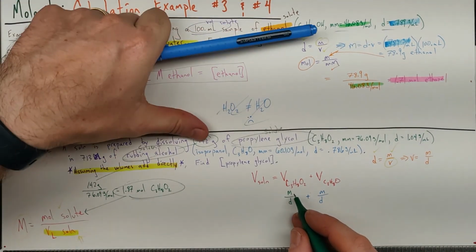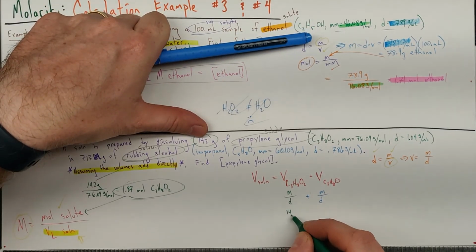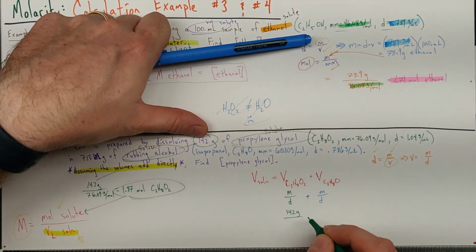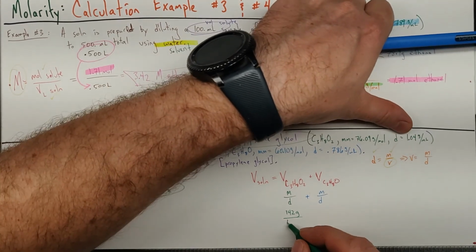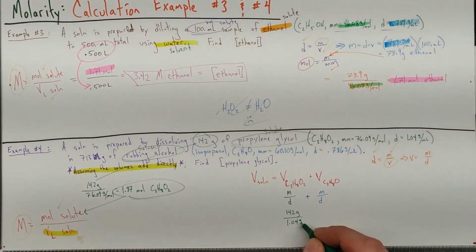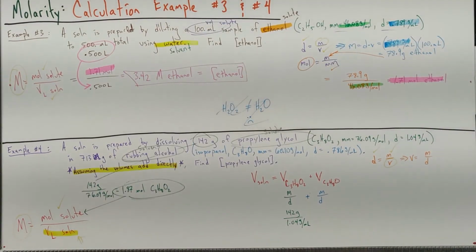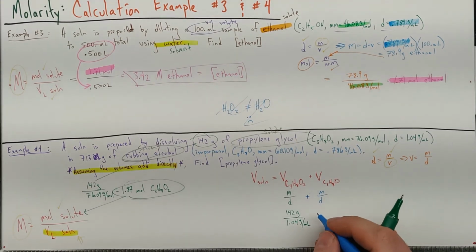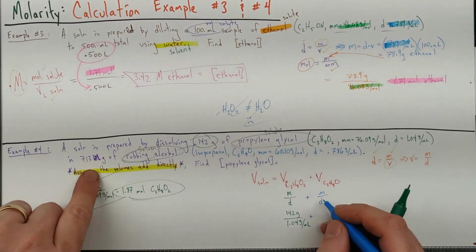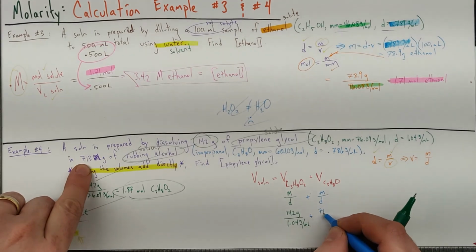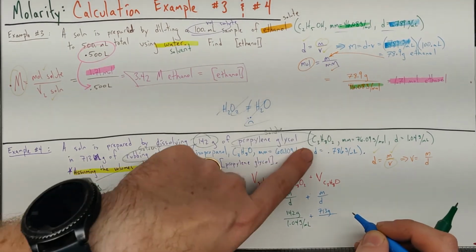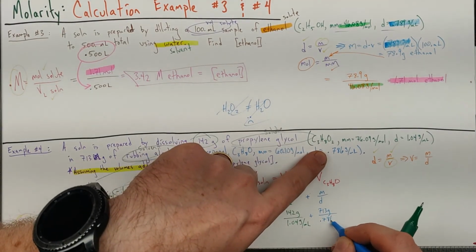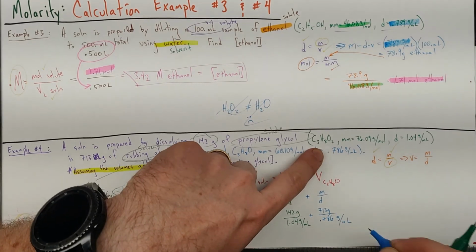The mass of the propylene glycol is 142, and the density is 1.04 grams per milliliter. Grams cancel, milliliters will be in the numerator. Our mass of the rubbing alcohol is 713 grams, and its density is 0.786 grams per milliliter.